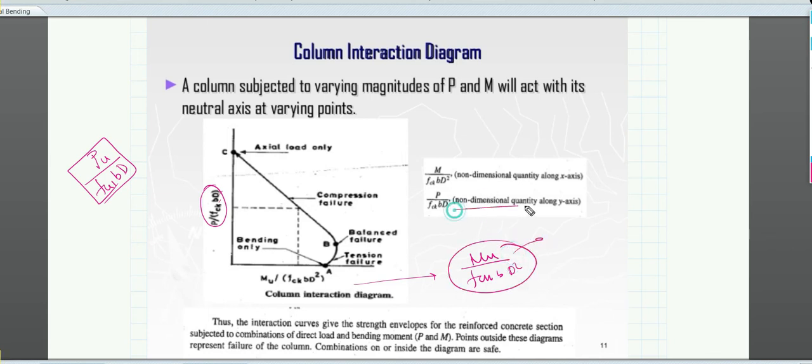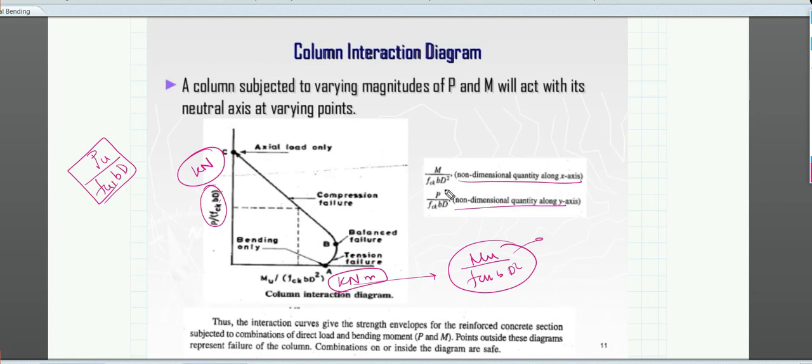These are non-dimensional quantities. One has a dimension of kilonewton and the other a dimension of kilonewton meter, so it is not convenient to compare two values with different dimensions. But if I compare non-dimensional values, it becomes more accurate.